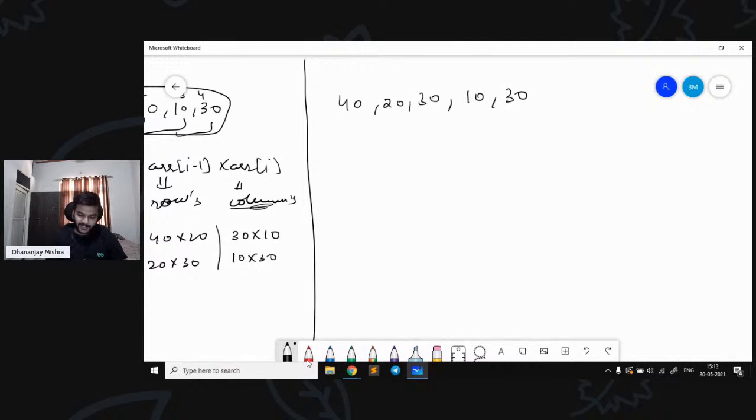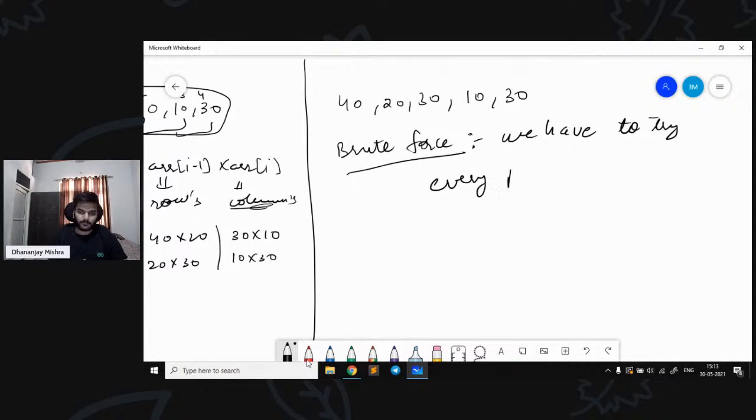So that means the idea is that we have to try each and every possible combination, right? So for that we have to apply the brute force approach. Why brute force approach? The idea is that we have to try every possible combination. There is no other way of solving other than it, right?